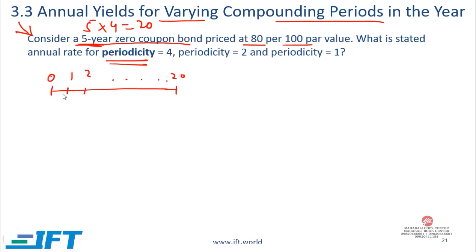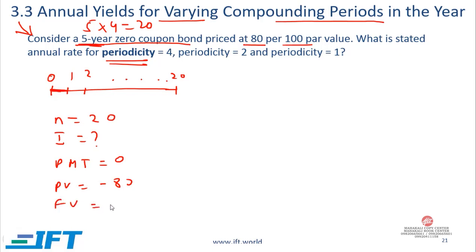Now we can come up with the yield for 1 quarter. How do we do that? We can set n equal to 20. The interest rate is what we are computing. The payment is equal to 0. The PV is equal to minus 80.